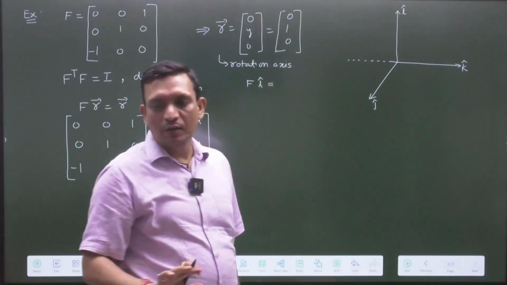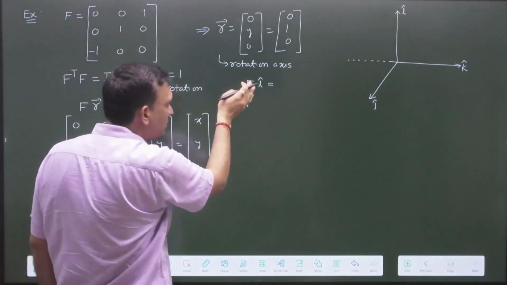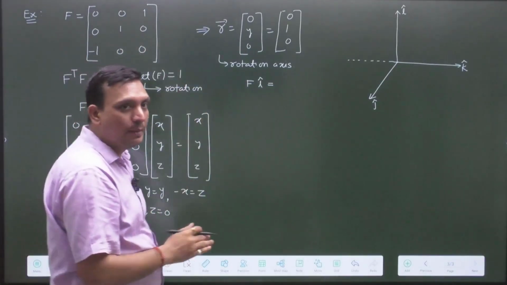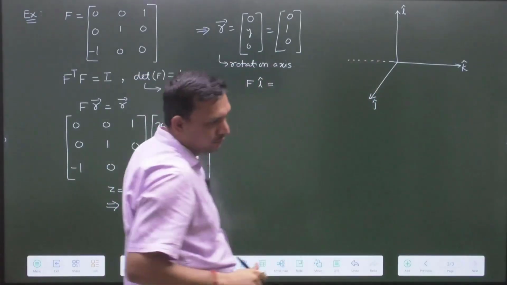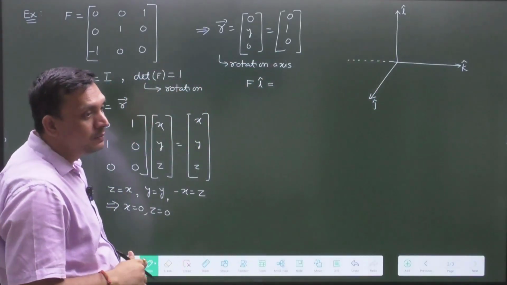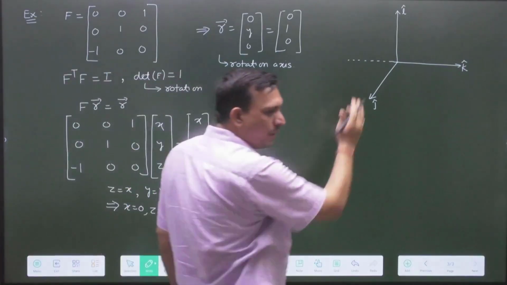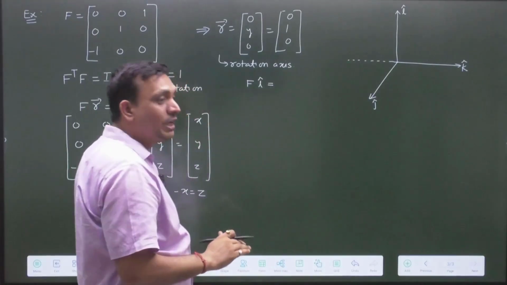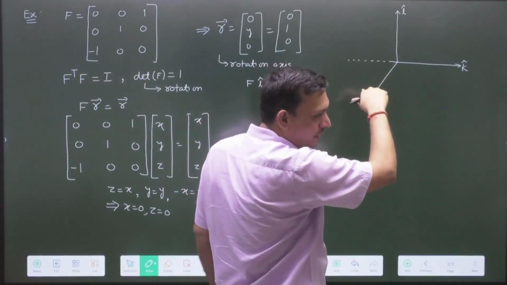Now I have taken one vector, I cap, and you have to see if you operate this matrix on I cap, how it will rotate about J cap. I cap is one vector, X cap, any vector I have taken, just to show you. You told me you are not able to visualize it. Now you can visualize it.